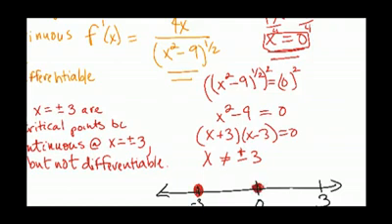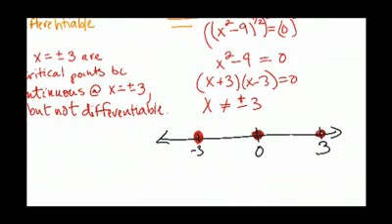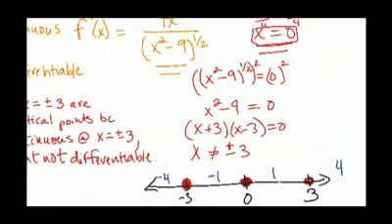These are our possible maxes and mins. And now we can plug in a number to the left and the right of each of those, our test points. So I'm going to use first a negative 4, then a negative 1, positive 1, and a positive 4. So I want to plug into the first derivative.